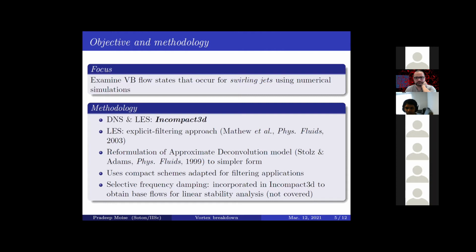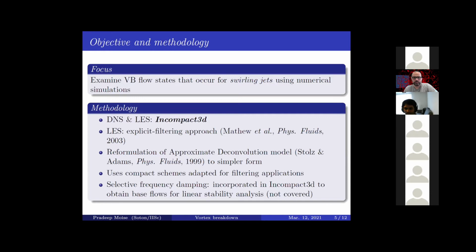And in its essence, it just uses a low-pass filter for filtering the velocity field. And because Incompact3d is already built on the framework of compact schemes, it was very easy to integrate filters into the solver to apply the filter for the large eddy simulations.